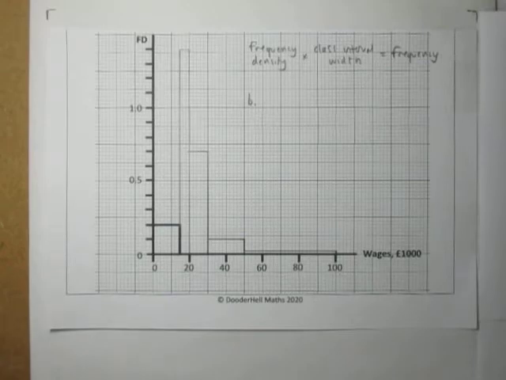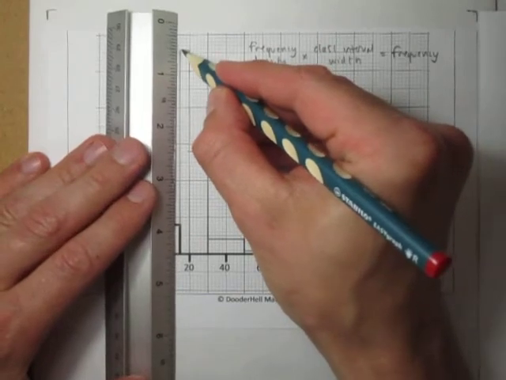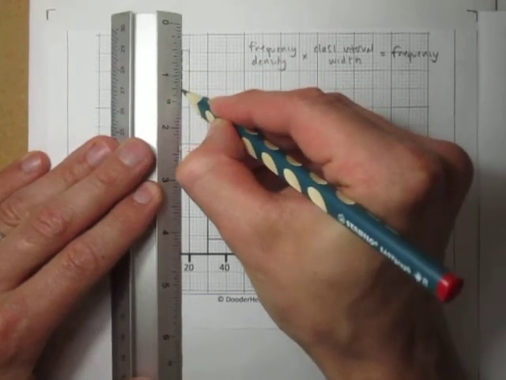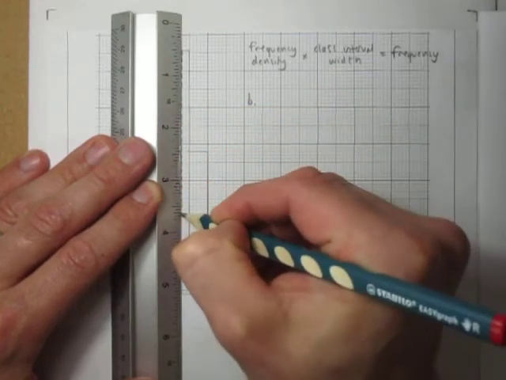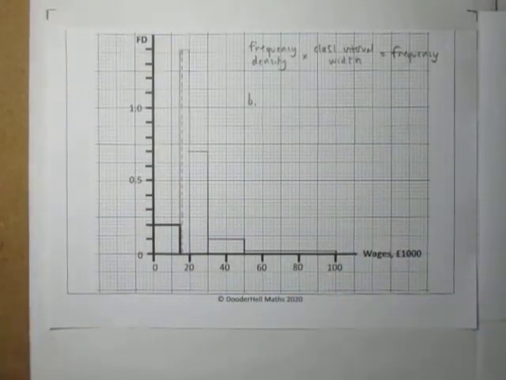£16,000. So where is 16,000? Okay, on here, our 16,000 is represented by that line there.